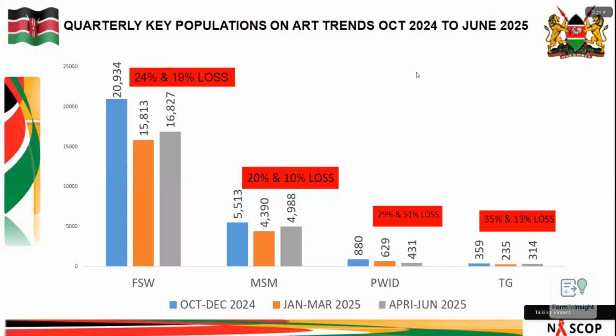For MSM, we were reaching 5,513 as at December 2024 on ART. But for the quarter ending March, we have lost 20%, and the quarter ending June, we have lost 10% of those clients. For PWID, we were reaching 880 as at December 2024, but we have lost 29 and 51% as at June 2025. And then for TG, again, that 5% loss and 13% loss in the respective quarters.